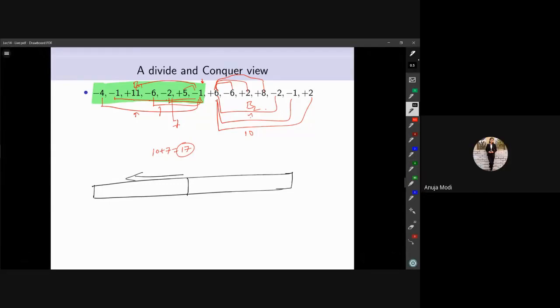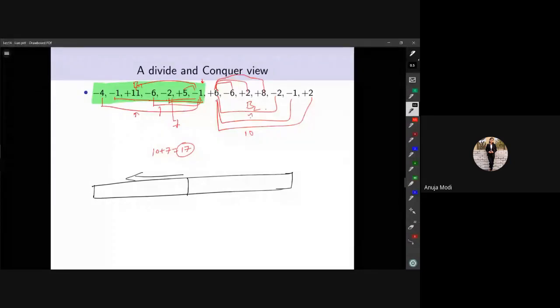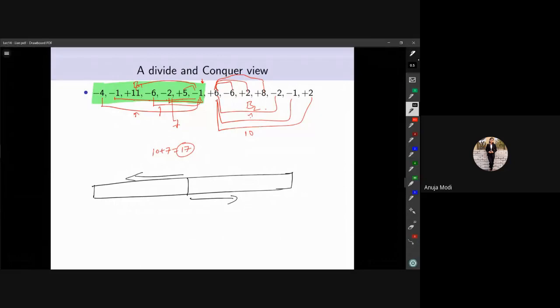Sir, in the left subarray we can just go from the midpoint up to 1 and find the maximum. In B2 also we can go from n by 2 plus 1 to n and find the maximum, and then just add them in constant time. So we have covered n distance, order of n.